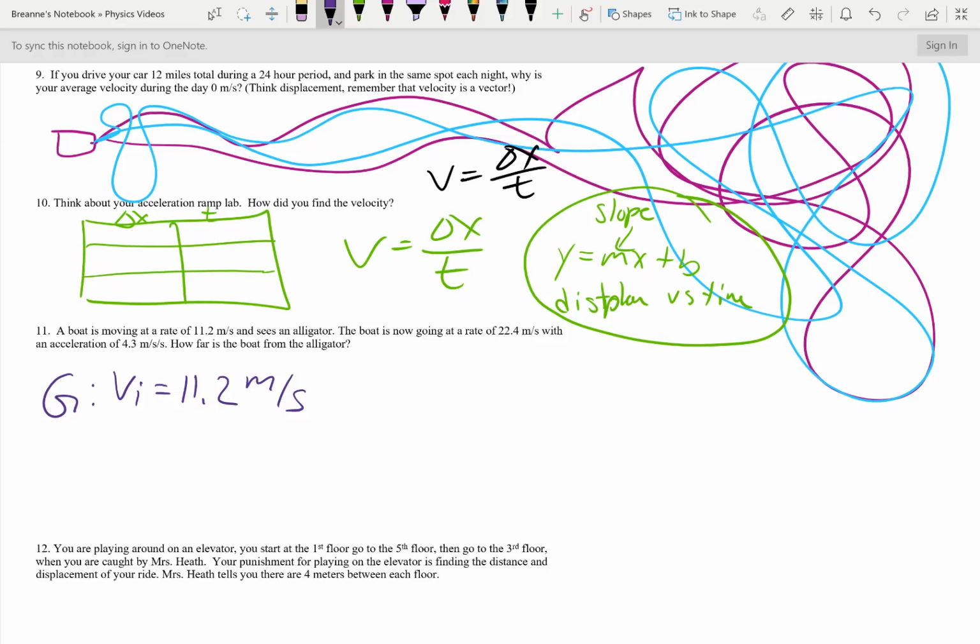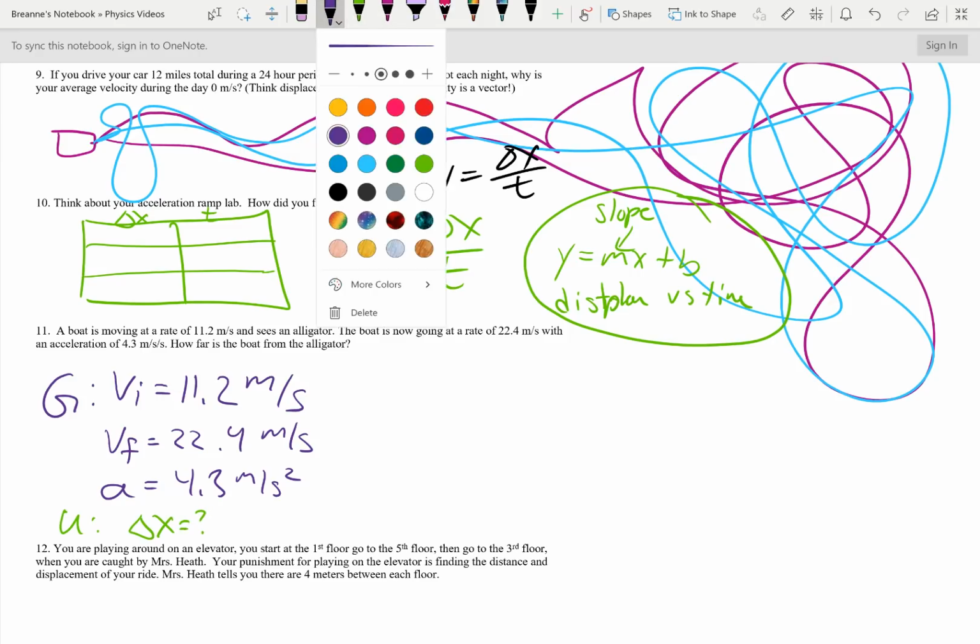Now it's moving at 22.4 meters per second, so that becomes our final velocity. It says it accelerates at 4.3 meters per second squared. We are looking for how far, which is our displacement.